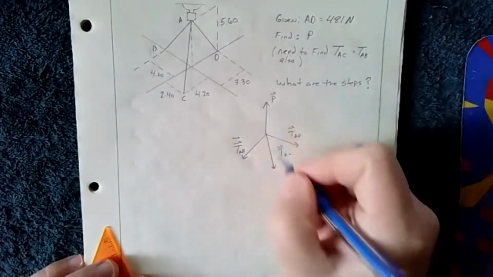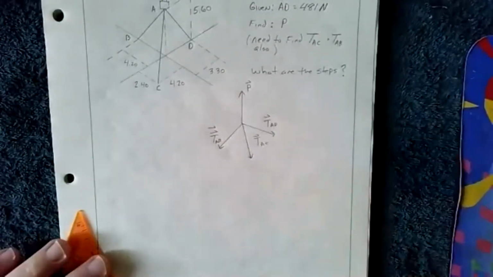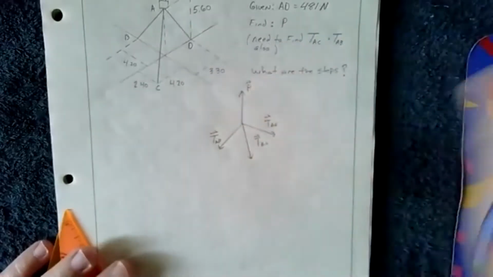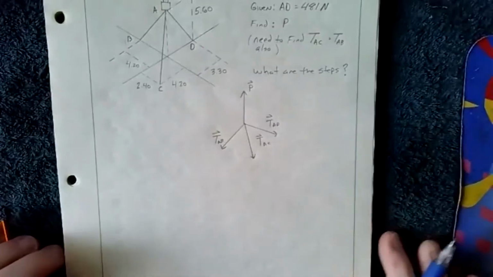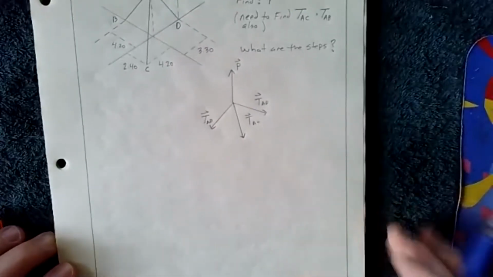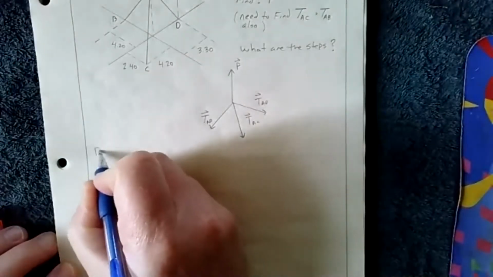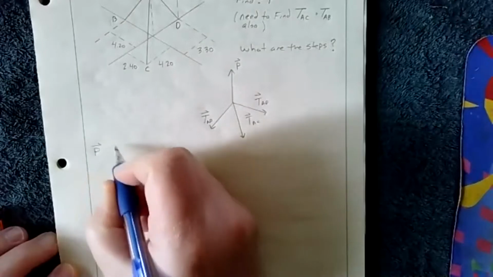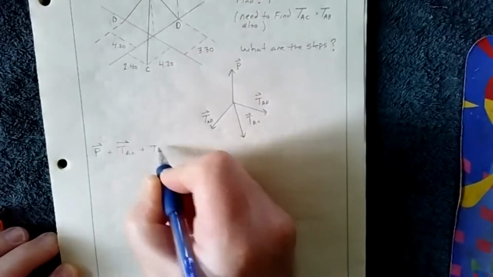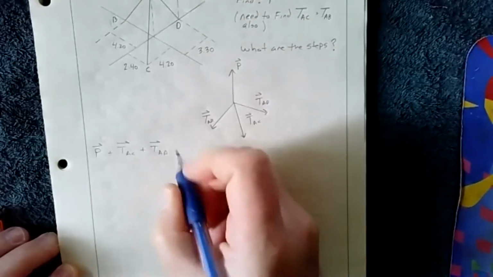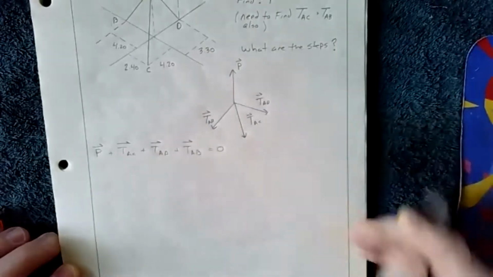So you have three forces down, one up. We know that whatever forces are in the Z have to balance, whatever forces in X have to balance, whatever forces in the Y have to balance. So we know that our governing equation for this is P plus tension AC plus tension AD plus tension AB all equals 0.